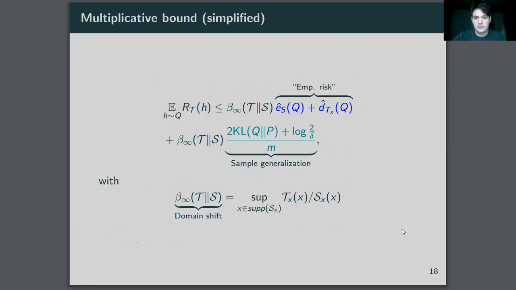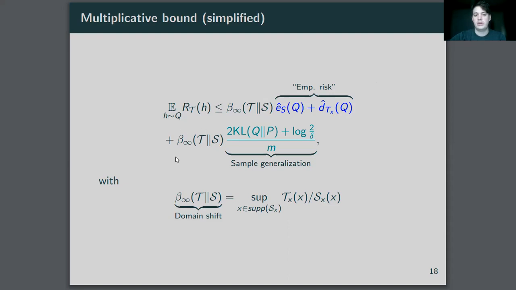So the first bound that I'm going to show is a simplified version of a bound from Germain et al., where we have, as we see here, the target error in expectation, which is bounded by some beta term plus this decomposition of joint error on source and disagreement on target, which one could liken to more or less the empirical risk in this case.